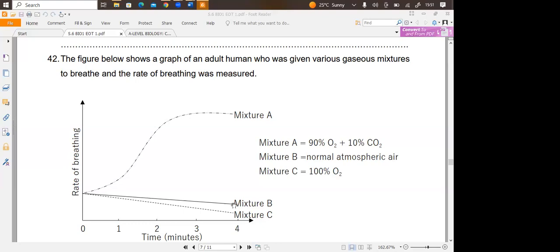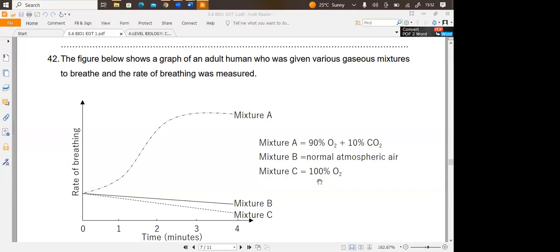Then why is it that mixture C, which has 100% pure oxygen, further reduces the rate of breathing? Bearing in mind that mixture C has 100% oxygen.